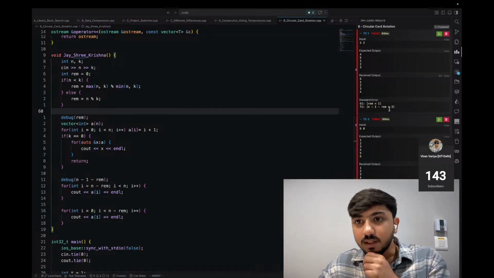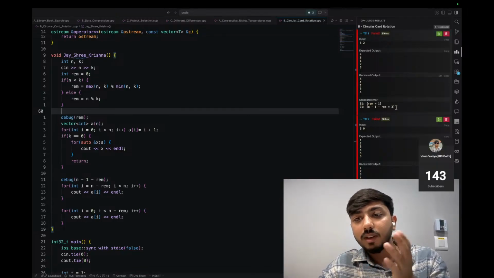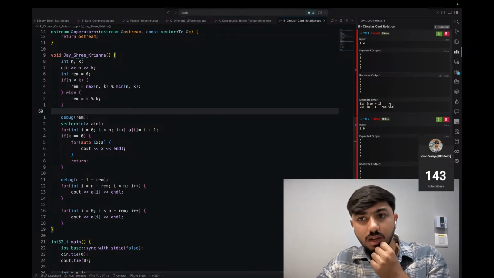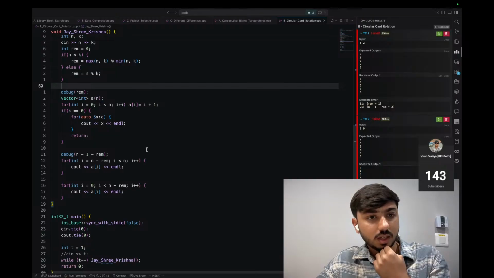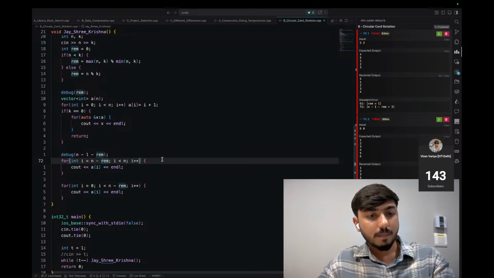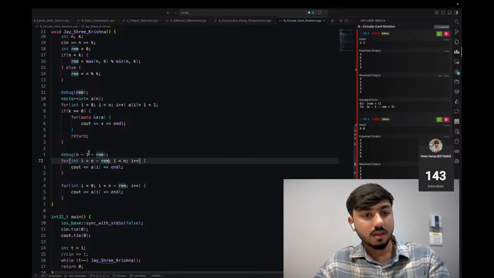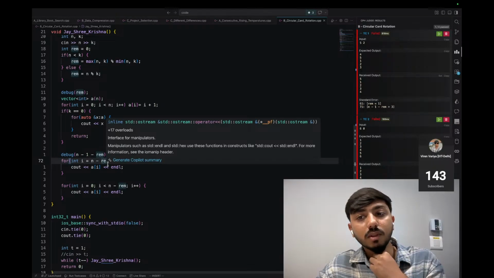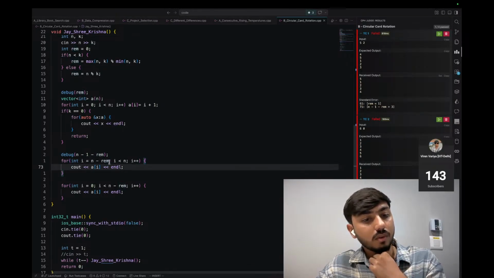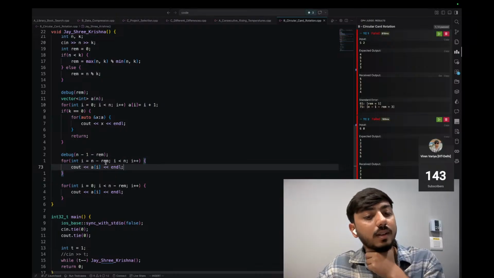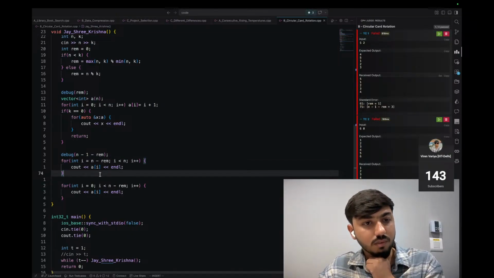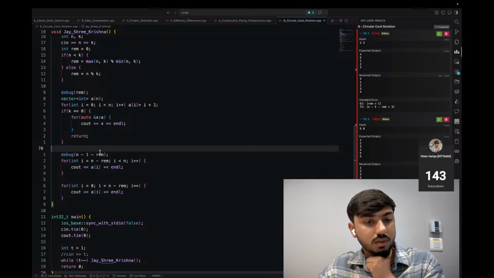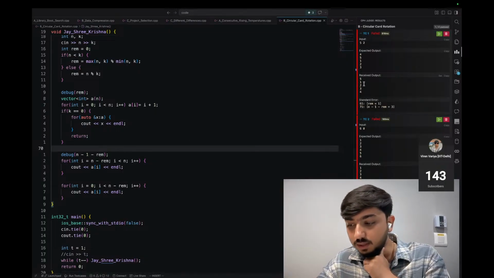What I am missing is three, right? So we are shifting three, everything one, two, three. Yeah, we are shifting three. Zero, one, and it should be two. The n minus three should be two. N is five minus three, it should be two. Yes, but why am I getting this?